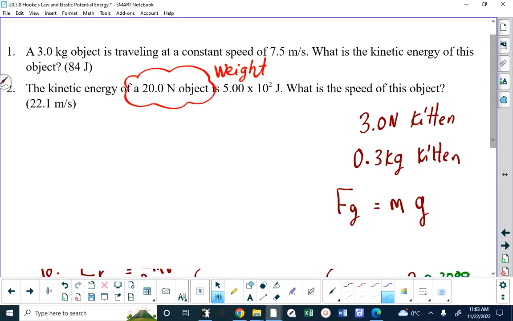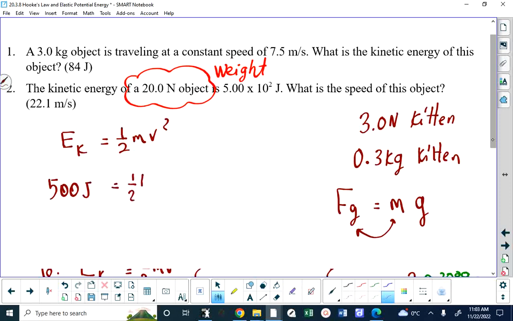The point is we should be able to convert back and forth between mass in kilograms and weight in newtons using this formula. And the reason why that's important is in question 2, we have the kinetic energy and we're asked to find the speed. Well, we can put the kinetic energy here.